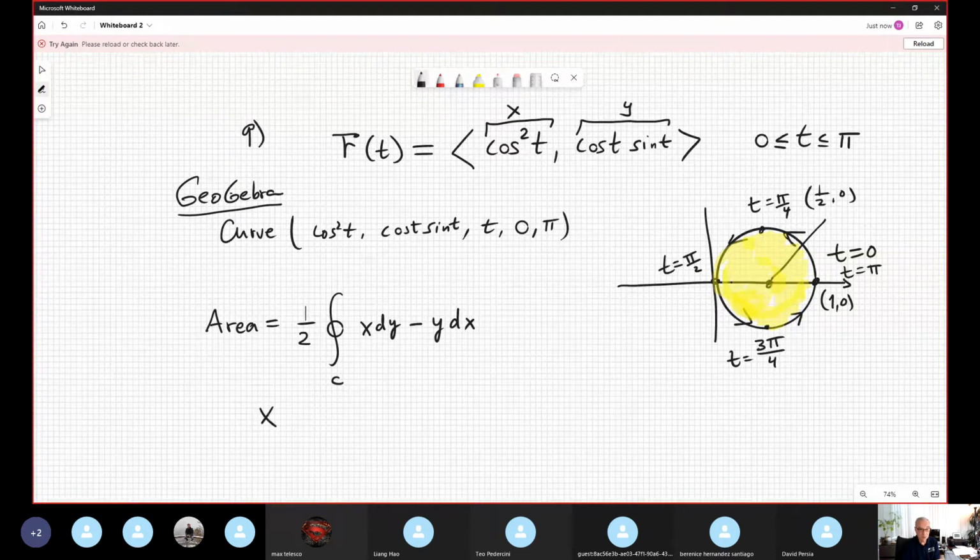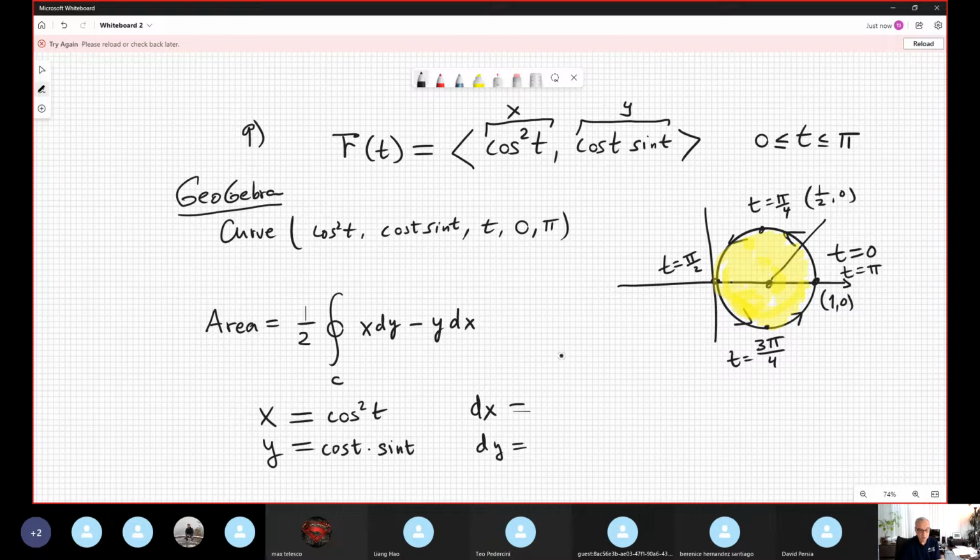Okay, x is cosine squared t, and y is cosine t multiplied by sine t. Now defining dx and dy is super easy. Just differentiate.